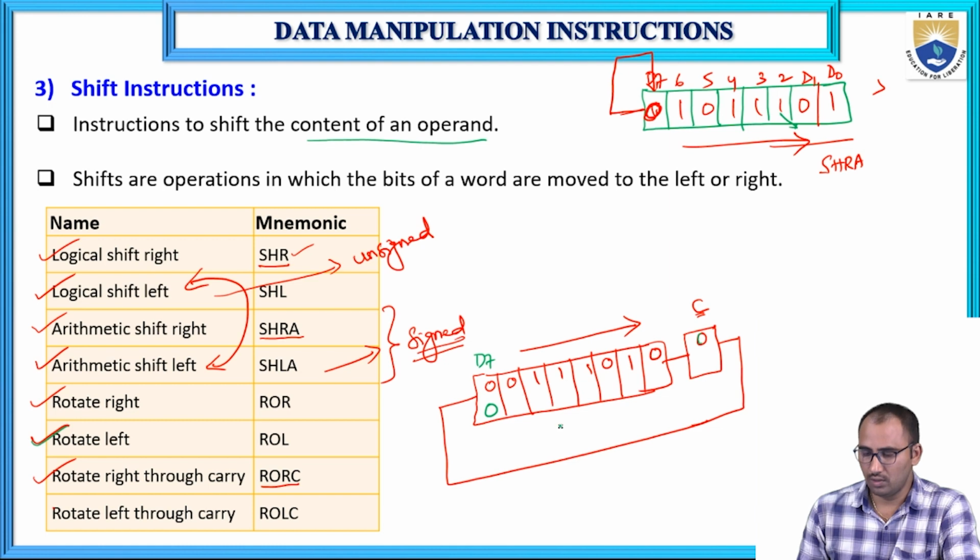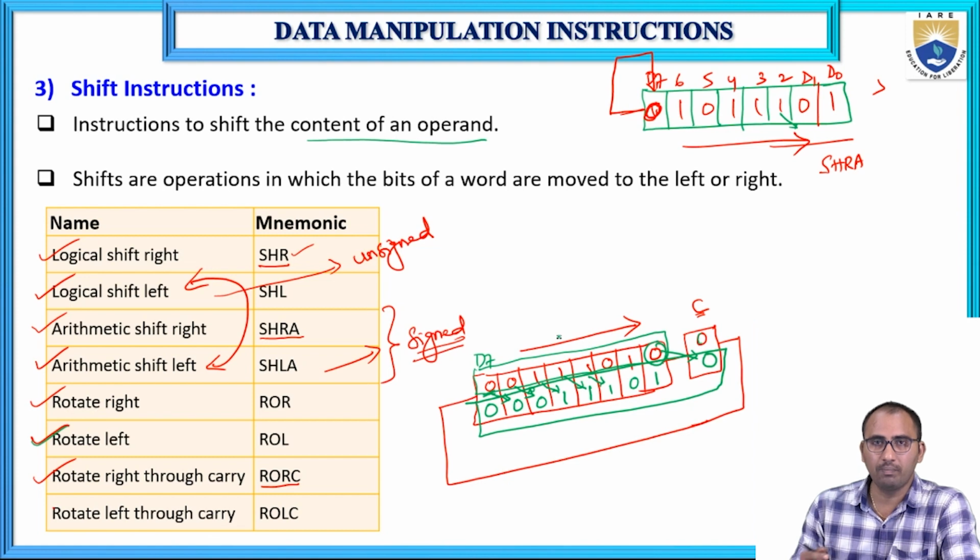Each bit is copied one position to the right, and the last bit goes into the carry. The green color is the contents of the register after performing the rotate right through carry. The number in red is the contents before performing it.